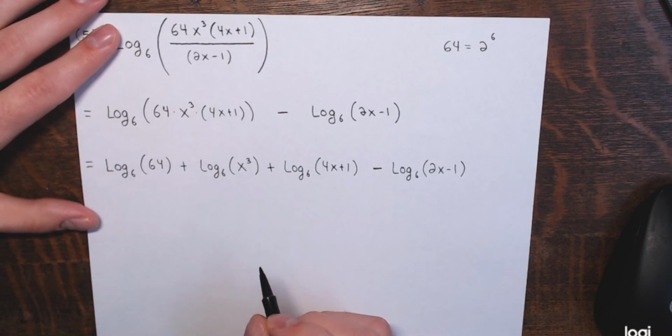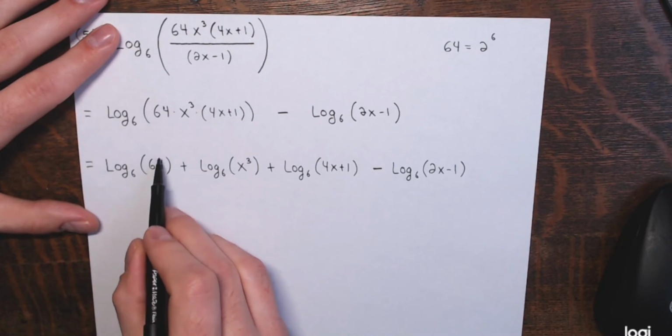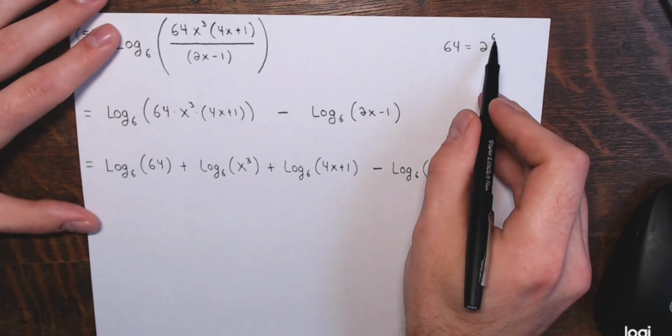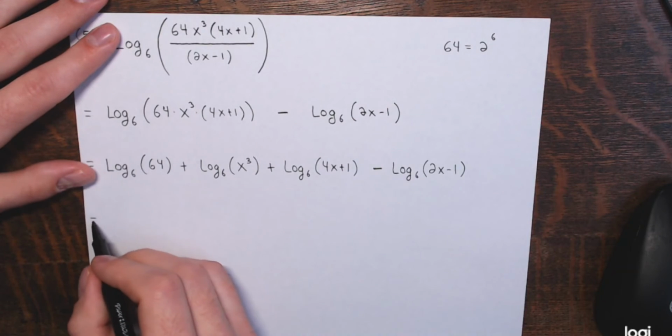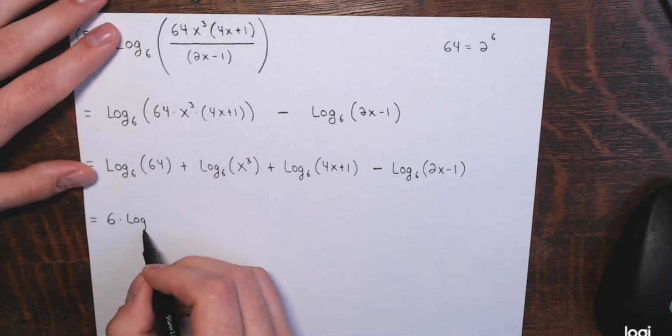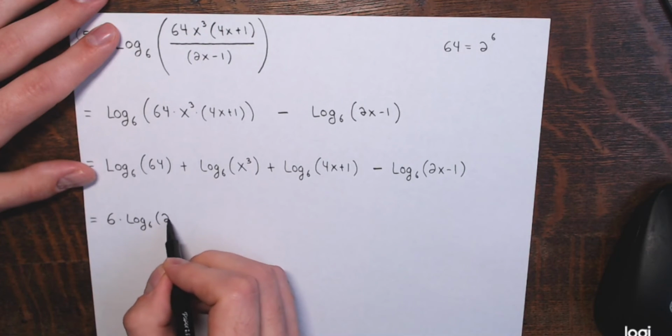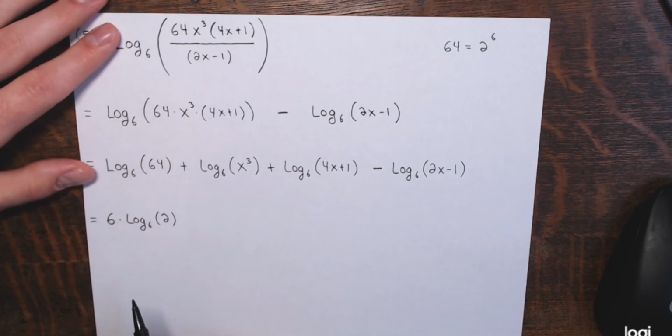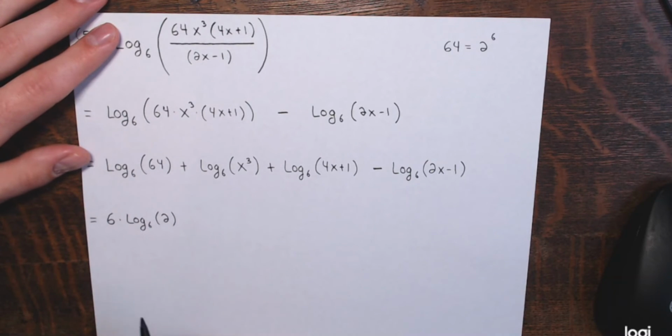So if I think of this as a power, I can pull the 6 out, right? Pull this power of 6 out front and make this 6 times the log base 6 of 2, right? If you want. You could also leave it as 64, but I just wanted to have an excuse to use the power rule there.